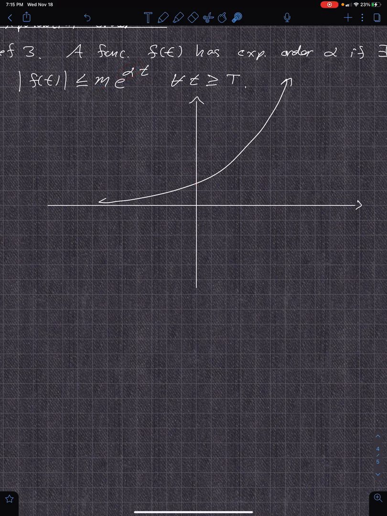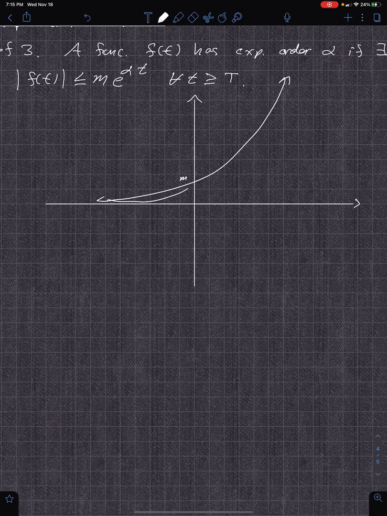So when t is 0, you go through here, so that's M. Whatever is here is your M value. And then it might grow really fast, or it might grow slower, depending on your alpha.